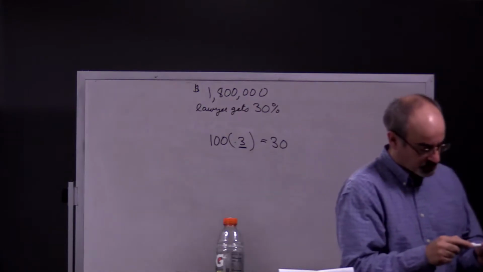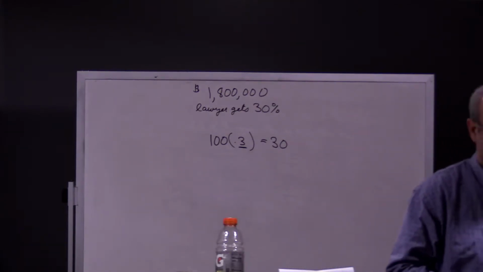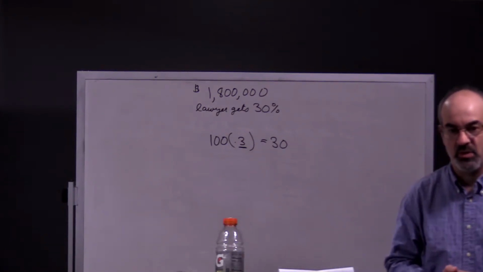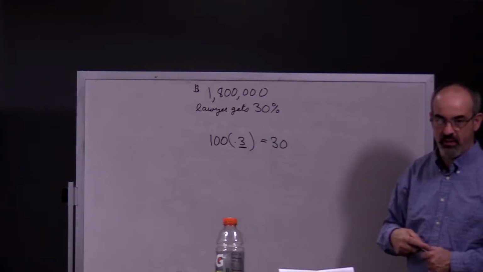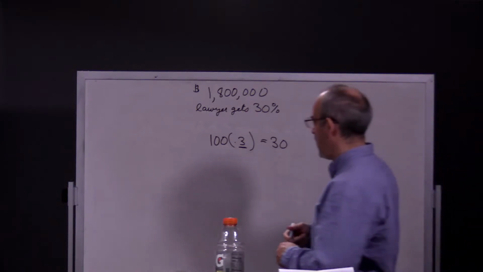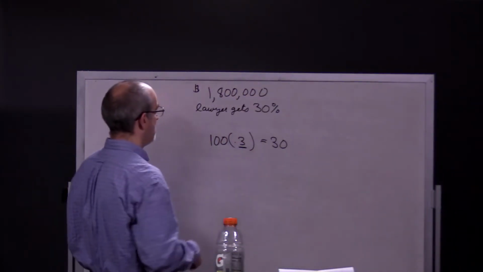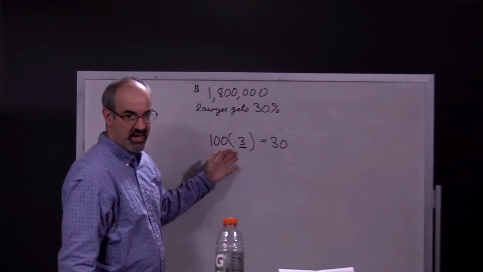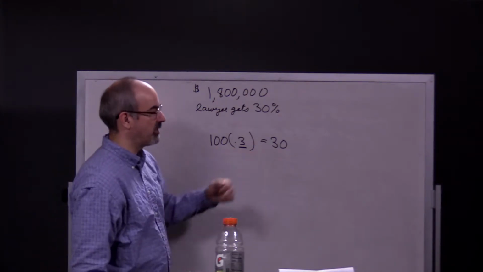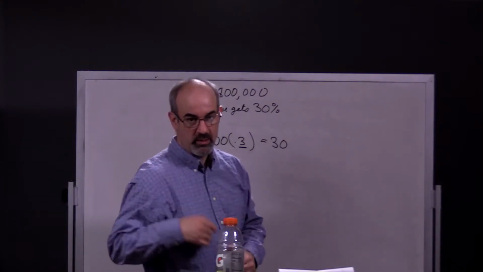Remember how to change percent to decimals. 30% as a decimal is 0.3. So what you're doing is you're just multiplying the total amount by the percent written as a decimal, and that will give you the amount of money you get.